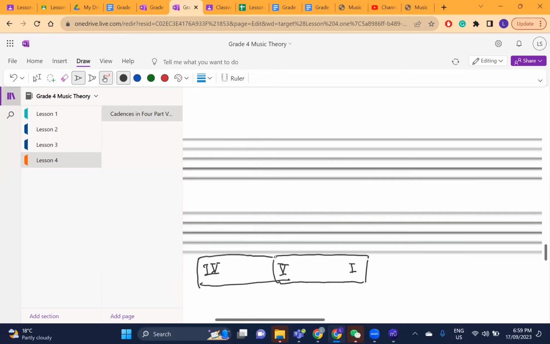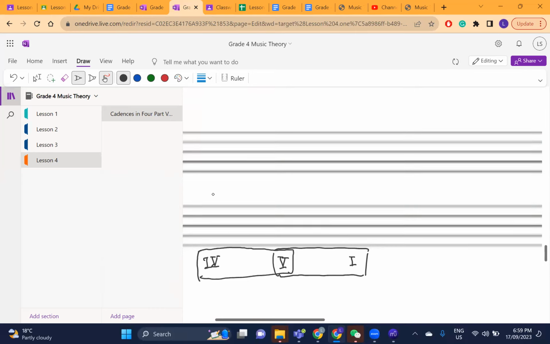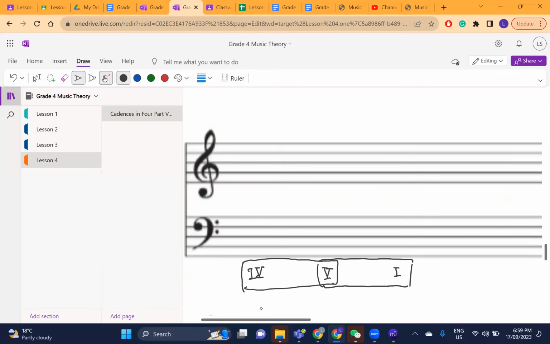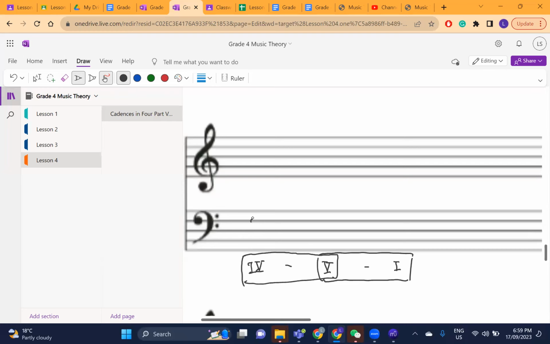As I said, precede perfect cadences with an imperfect cadence. And as you can see here, imperfect cadence, perfect cadence. So that means that what we do here, let's switch it up a bit. We're in G major.